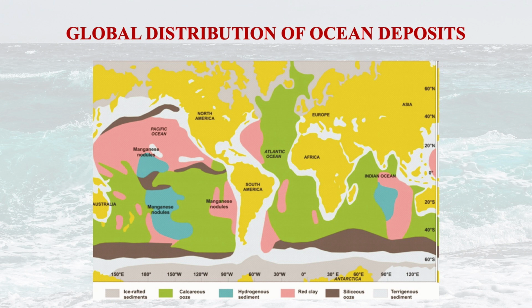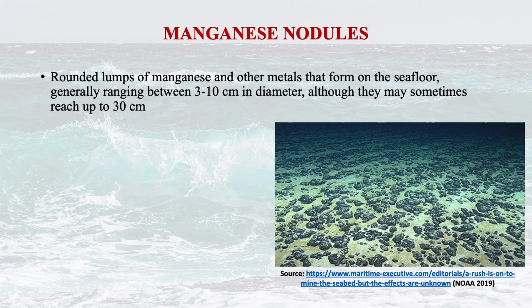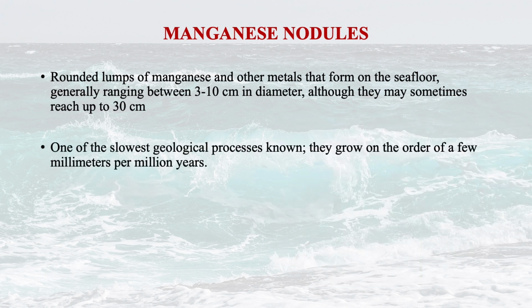So what are these actually? Manganese nodules are actually rounded lumps of manganese and other metals that form on the sea floor, and they are about 3 to 10 centimeters thick, and sometimes may even reach about 30 centimeters. They are due to one of the slowest geological processes, and they grow in the order of a few millimeters over a million years.